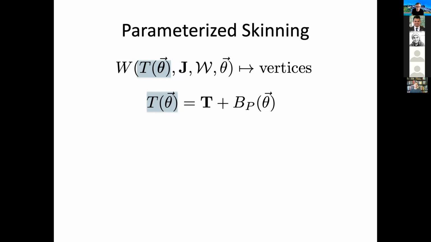Okay, so let's just focus on pose for a moment. Forget body shape. We've got this linear blend skinning function, and we have a template mesh that's a function of pose theta. Now, that is going to be additive. Everything in SMPL is going to be additive. So we're going to take the template mesh T that we had before, say the average man, and then we're going to add some function B_P of theta to that, okay?